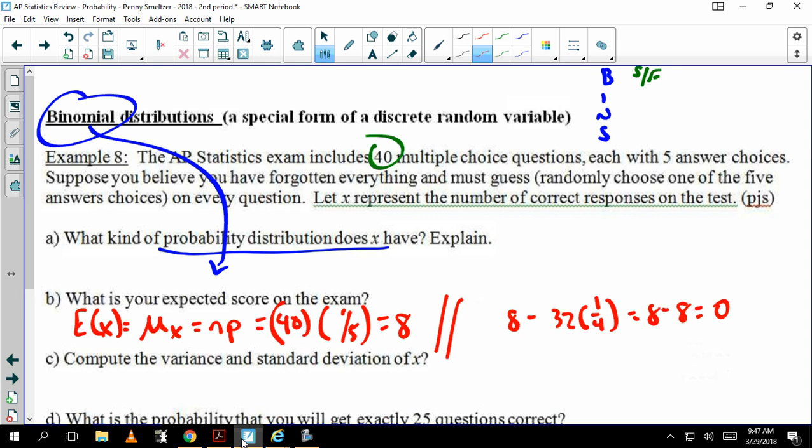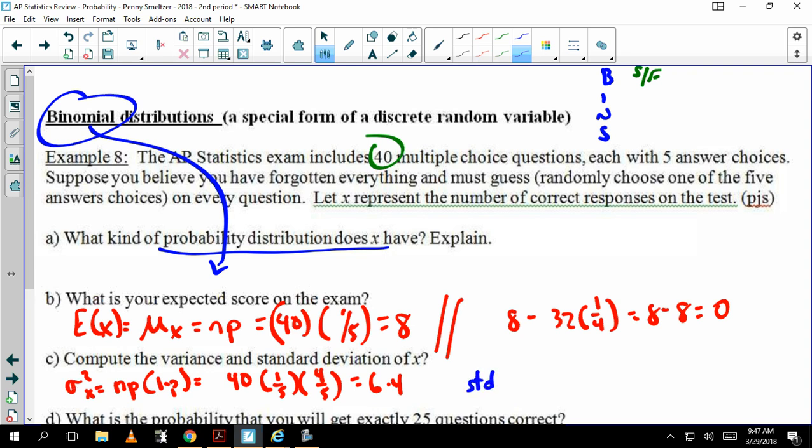So the variance of X is NP(1 minus P), which is 40 times 1/5 times 4/5, which is 6.4. And then the standard deviation is just the square root of that, which is 2.5298.